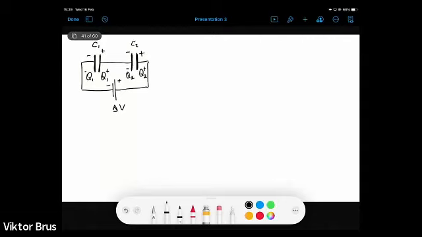So now we also need to highlight that there are some potential differences, delta V1 and delta V2, for each of our capacitors between their plates.